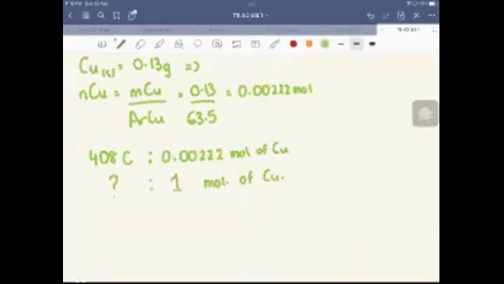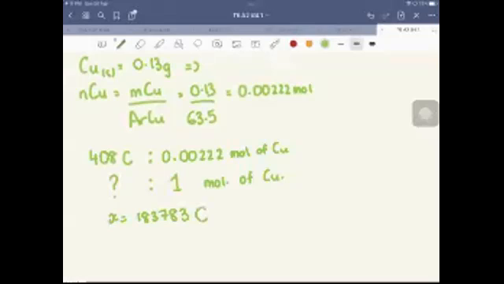Okay, and that means we have to cross cancel: 408 divided by 0.00222 moles of copper, which is 183,783 coulombs.